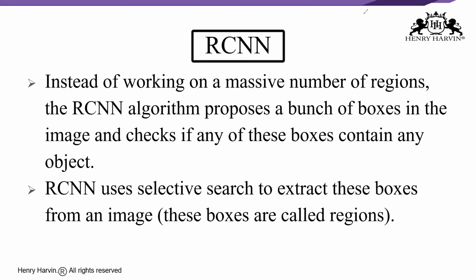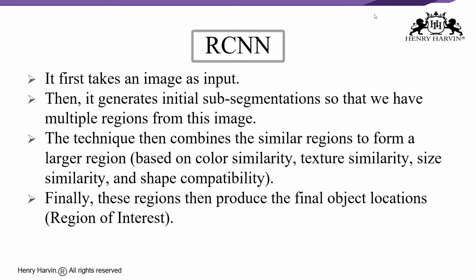Let us see how selective search basically works. The first step is that the input is taken, and then it does the sub-segmentation. Then we combine those similar regions into a larger region. How will the comparison be done? I have told you about four things.